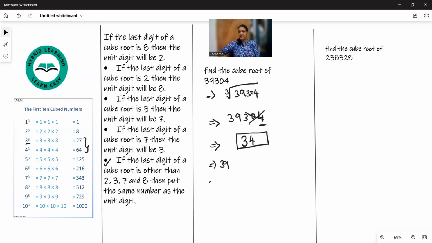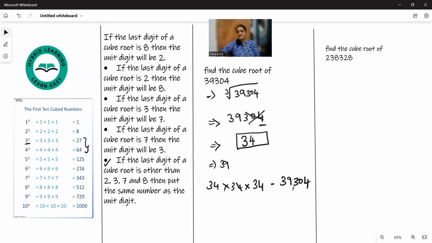So if you multiply 34 into 34 into 34, you will get approximately 39,300. Simple, right? I'll explain again. First, take the number and underline the unit digit. If it is other than 2, 3, 7, and 8, write the same number as it is. Here it is not 2, 3, 7, or 8, so I have written the 4 as it is.